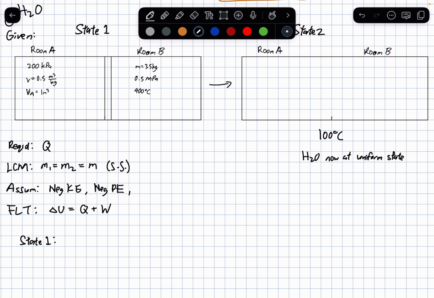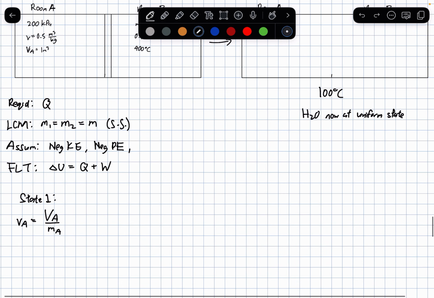Okay. So technically we can already calculate, since VA is equal to VA over MA, the mass in room A. Volume is 1 meter cube divided by 0.5 meter cube per kilogram.